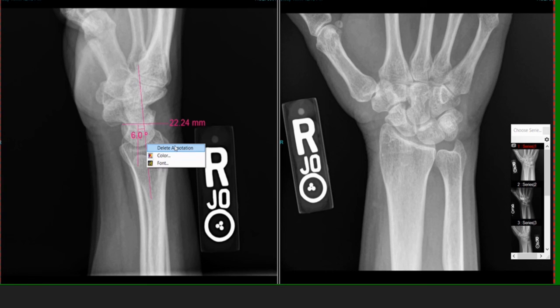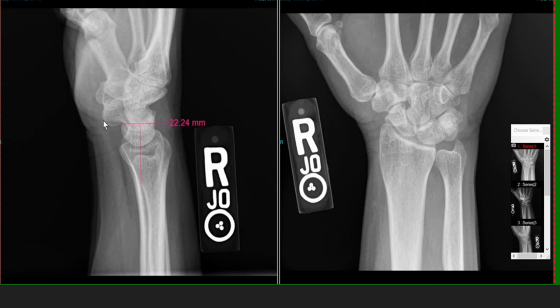Let's now draw the scapholunate angle. Again, we're going to construct our lunate line by dropping a perpendicular down through the midpoint of the greater arc of the lunate bone, maintaining a 90-degree angle here.